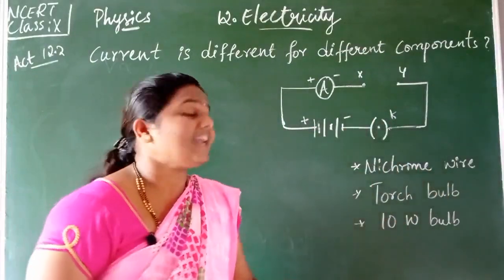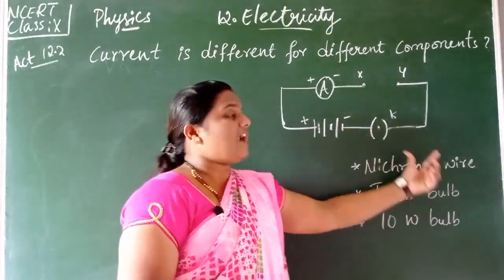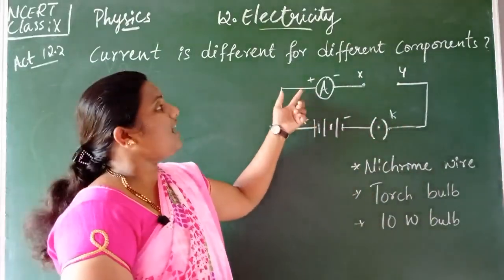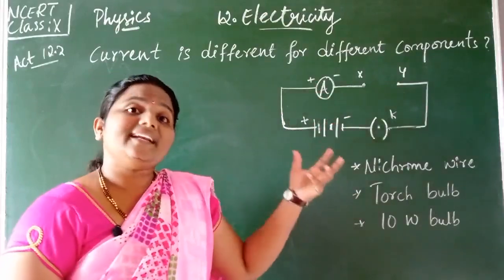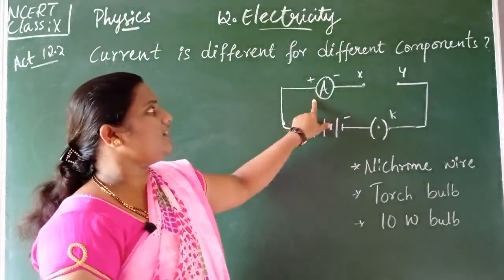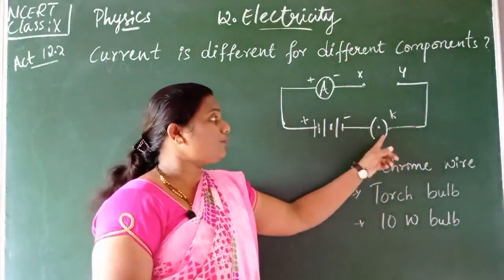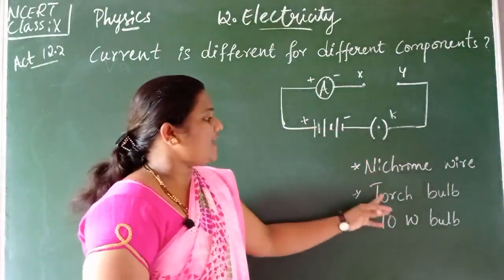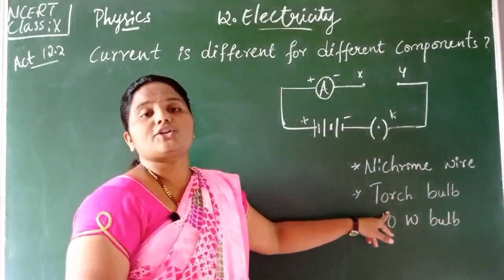We have to connect the nichrome wire between the two points X and Y, and note down the flow of current in the ammeter, that is, the ammeter reading. After noting down the ammeter reading for the nichrome wire, we plug off the key, remove the nichrome wire and replace it with a torch bulb.